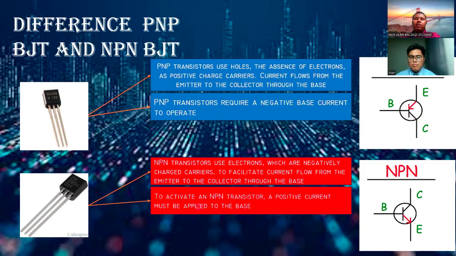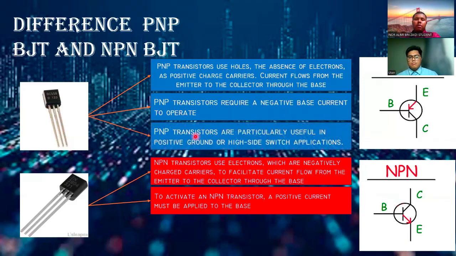To activate an NPN transistor, a positive current must be applied to the base, and the current will move from the emitter to the ground, and there is also some VCC current passing through the collector. PNP transistors are particularly useful in positive ground or high-side switch applications.